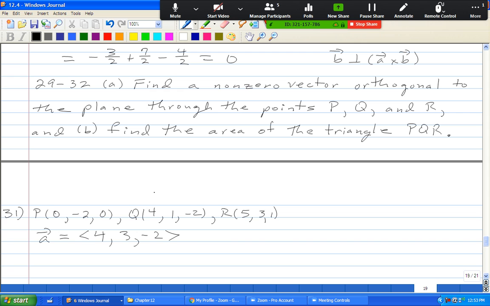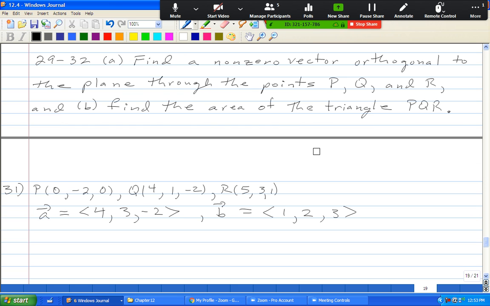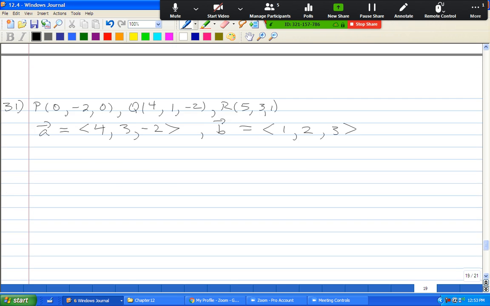That's one vector, the vector joining the point P and Q. And let's do another vector in the plane. Let's say the vector B, let's say from Q to R. And so 5 minus 4, 1. 3 minus 1, 2. 1 minus a negative 2, 3. So 1, 2, 3.